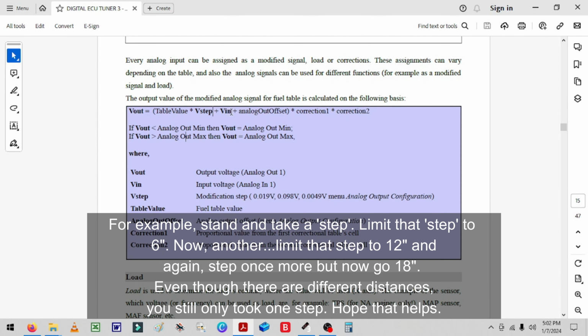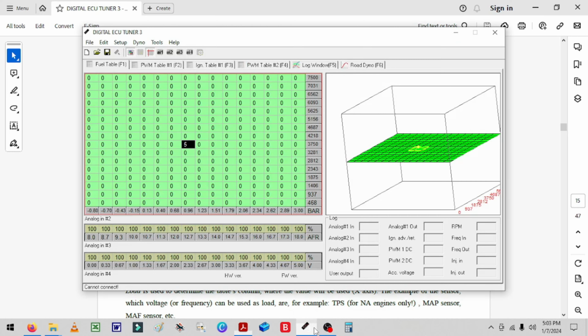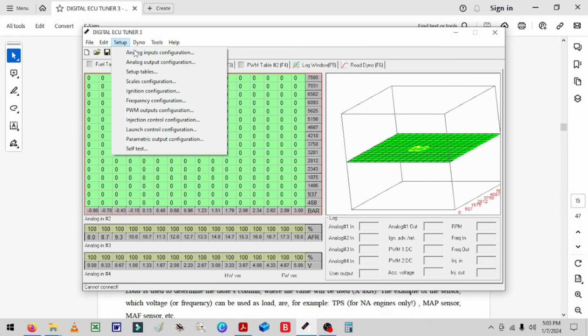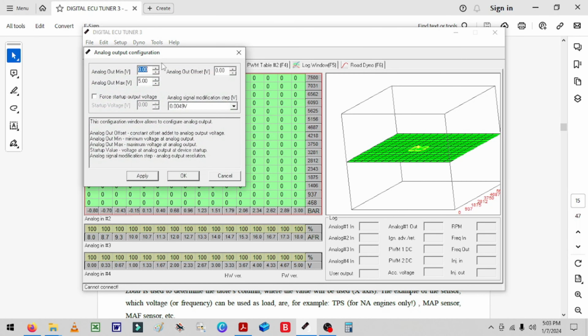Plus voltage in. Whatever voltage is coming in from your stock map sensor into analog 1, that's your voltage in, plus analog out offset. If we go back in here, analog output offset voltage.